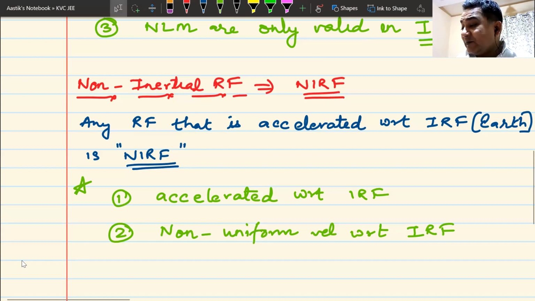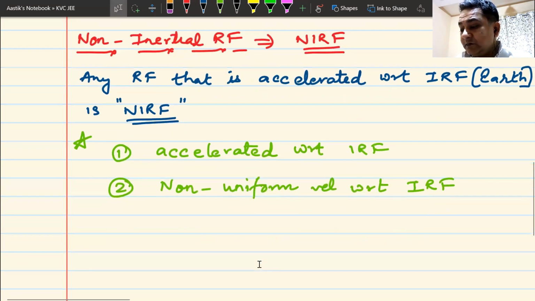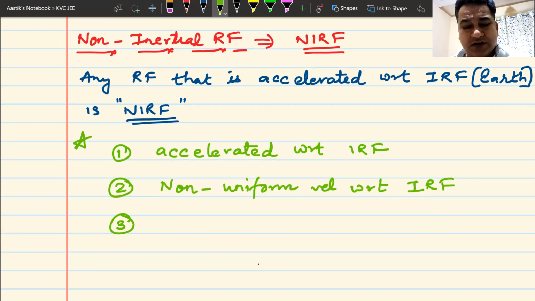Now the most important aspect here is number three. What is that most important aspect?